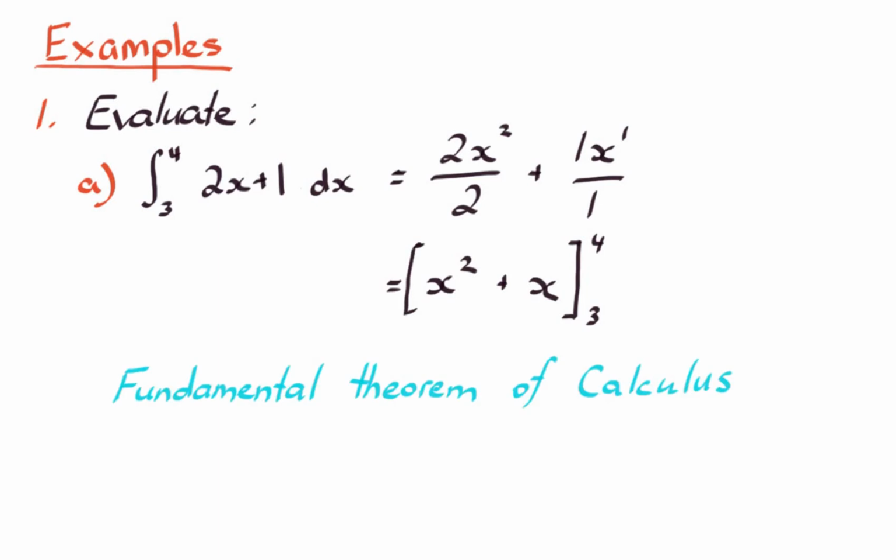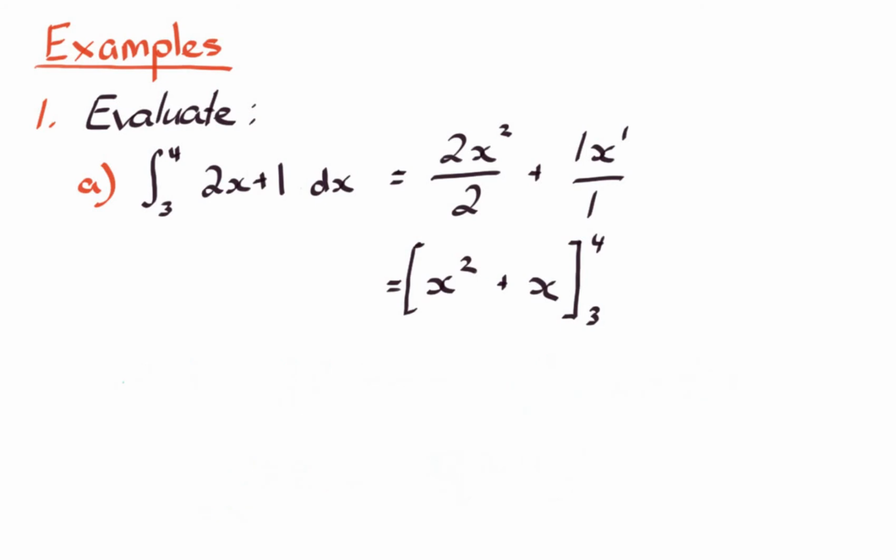Now what's that? It sounds pretty crazy. Well, all that is what we wrote down before. So not that crazy after all. So let's apply that here. We're going to sub in our b value first, and then our a value, with a minus in between.